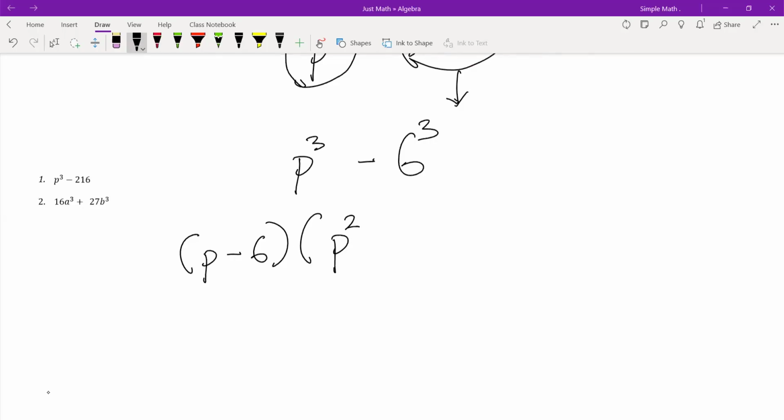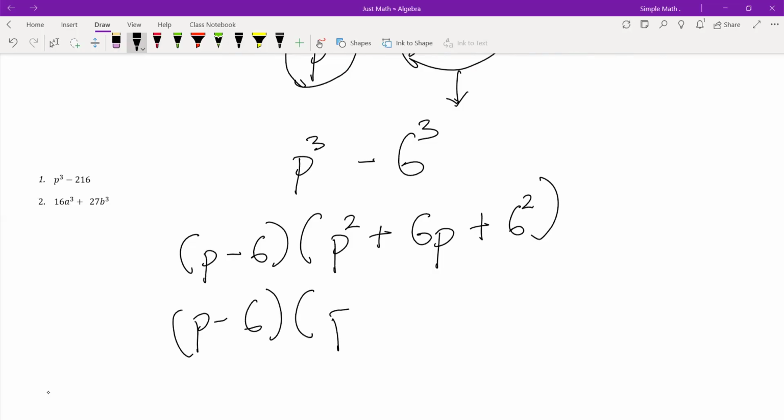The next sign is going to be plus, plus. Since we're multiplying P and 6, it just becomes 6P, plus 6 squared. So this becomes (P minus 6)(P squared plus 6P plus 36). That's our final answer.